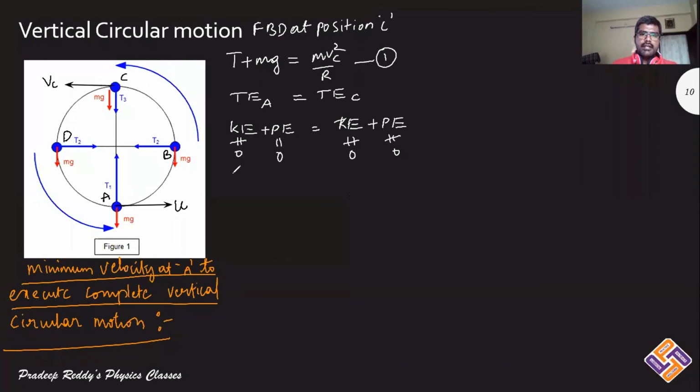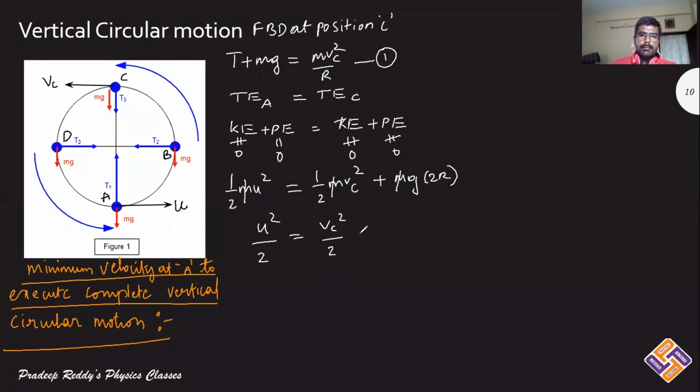So I can write half mu square, which is equal to kinetic energy at position C, half m Vc square, plus potential energy mg into 2r, because when the body is going from A to C, its height becomes 2r. Mass on both sides gets cancelled, so you can write u square by 2 is equal to Vc square divided by 2 plus g into 2r.